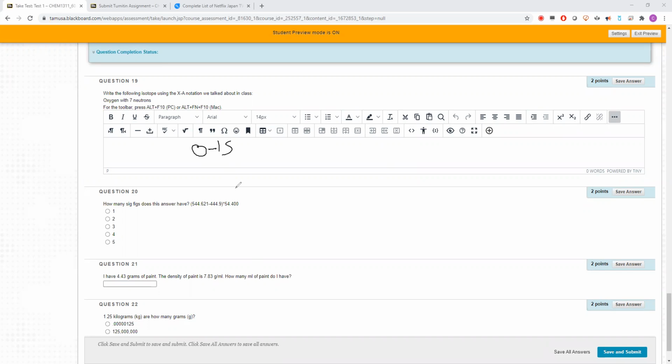All right. How many sig figs does this have? So we have parentheses, so we have to do our subtraction first. 544.621 minus 444.9. I am going to get the calculator out for this one because it's very important.